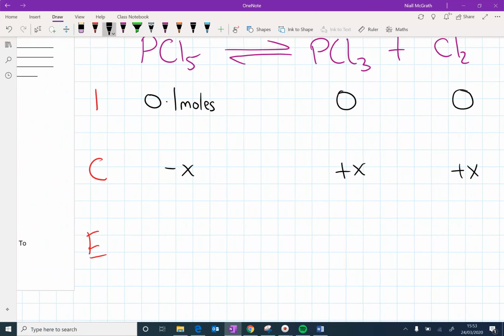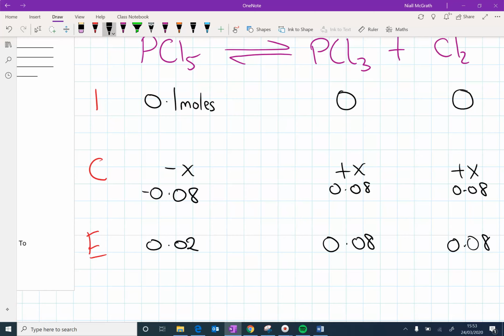So that is 0.08. 80% of 0.1 is 0.08. Here the same thing. So this is going to be 0.02 moles at equilibrium. This is going to be 0.08, and this is also going to be 0.08.